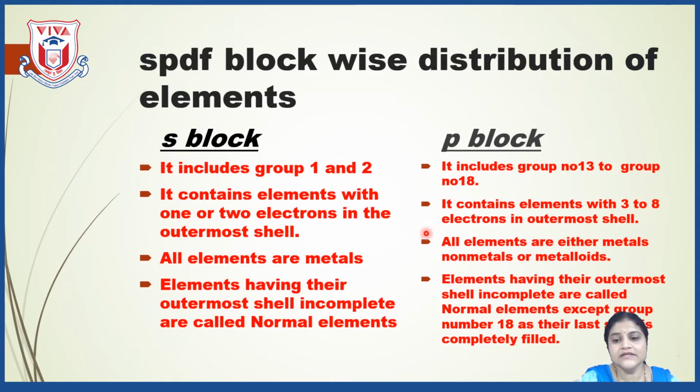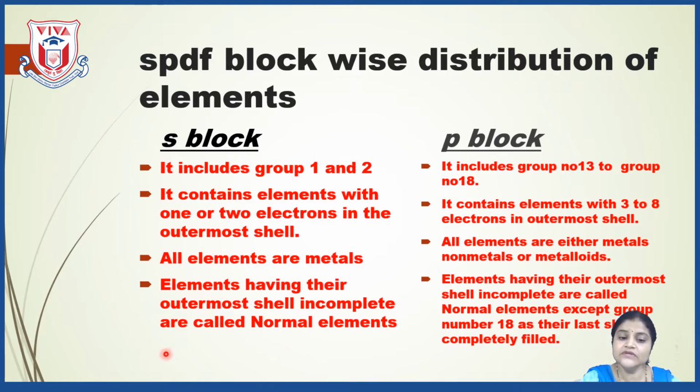The elements in the P block can be metals, non-metals or metalloids also. So it is a mixture of all the three types of elements. Then the fourth point: elements have their outermost shell incomplete.